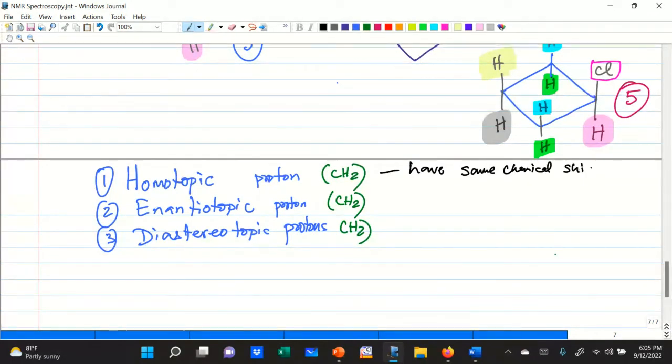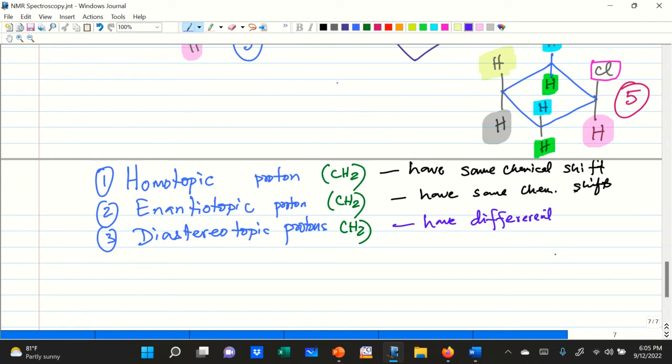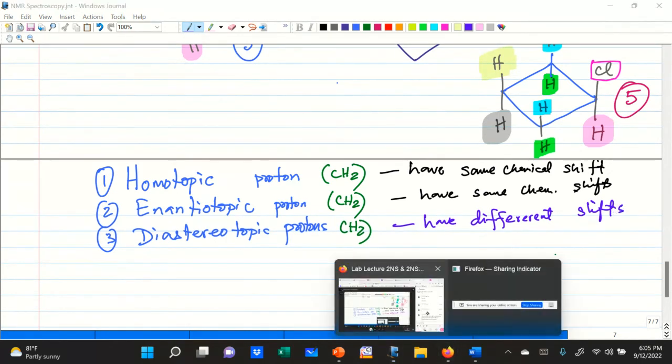So it will not change your number of signals that we are talking about. The same is true with enantiotopic protons. They also have the same chemical shift values. Therefore, the number of signals will be the same. The problem comes from the third one. Diastereotopic protons have different chemical shift values, that will add a different number of signals.